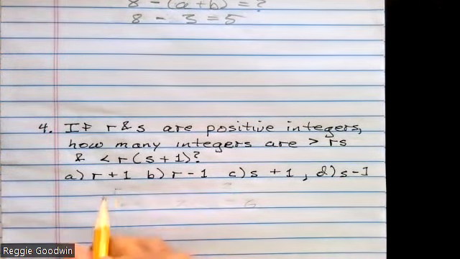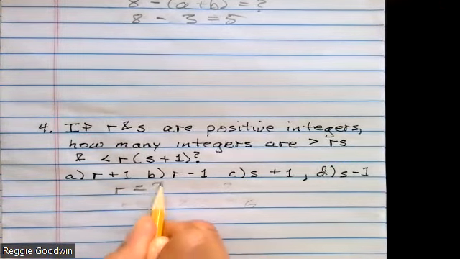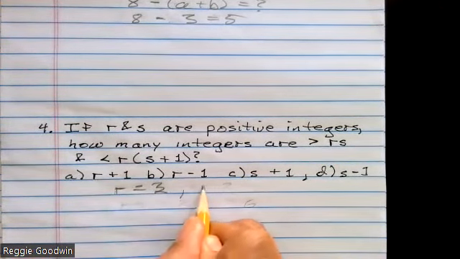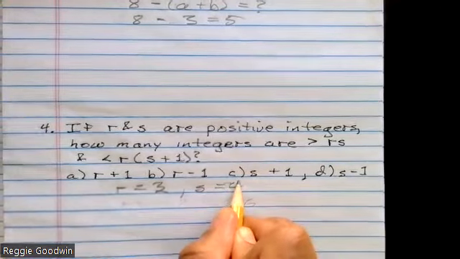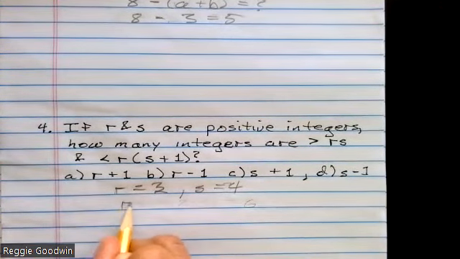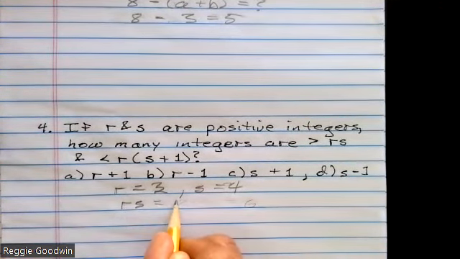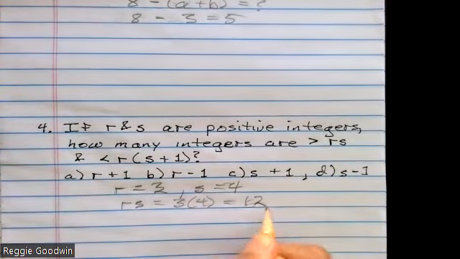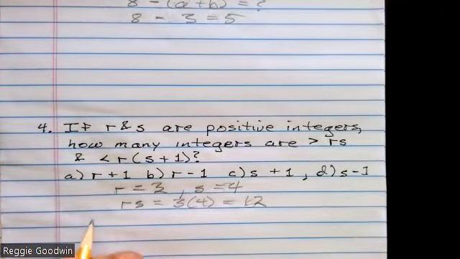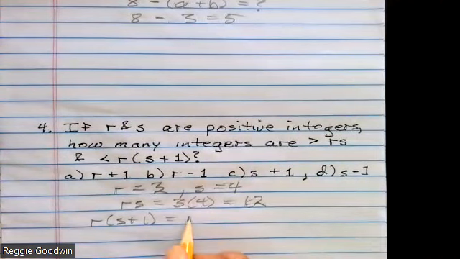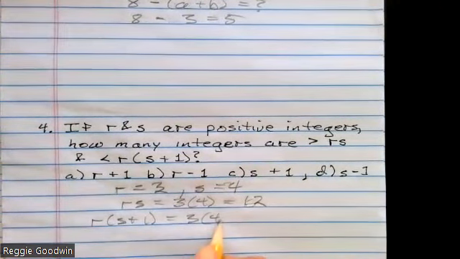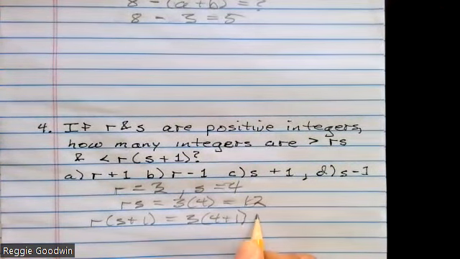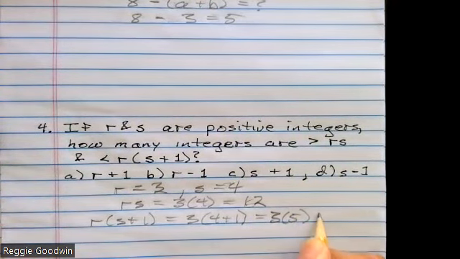Let's say r is equal to 3, s is equal to 4. So now the product of rs is going to be 3 times 4, which is 12. The product of r times s plus 1 is going to be 3 times 4 plus 1, or 3 times 5, which is 15.